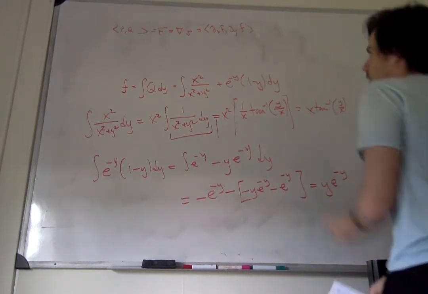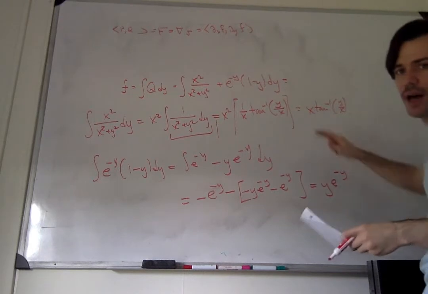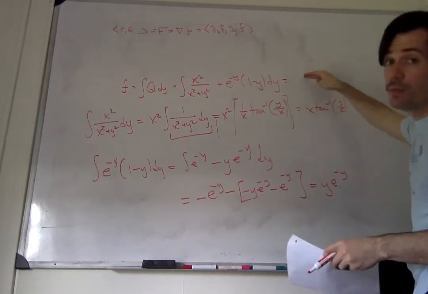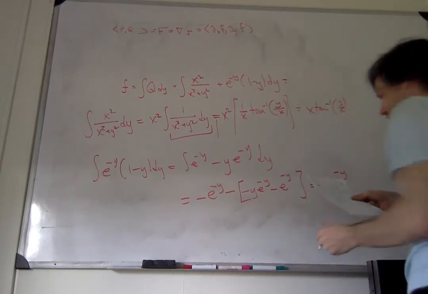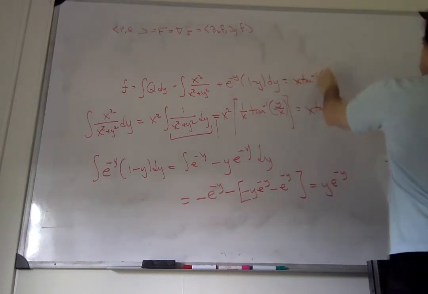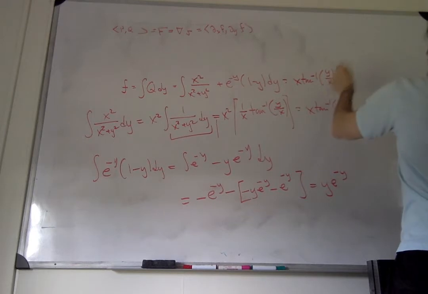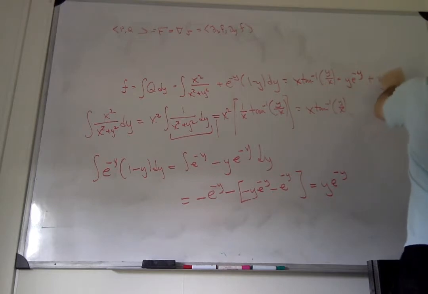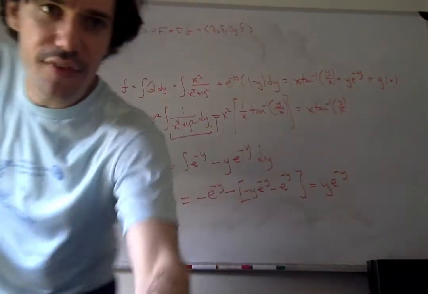Okay, so the point is, if we combine those two facts, put it up here, you're going to get that that's equal to x arctan y over x plus y e to the minus y plus g of x, right? What is that g of x?